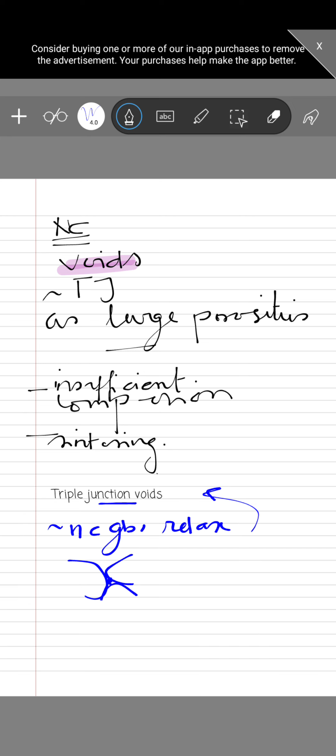Now, in nanocrystalline materials, a fraction of the atoms lie in the interface.